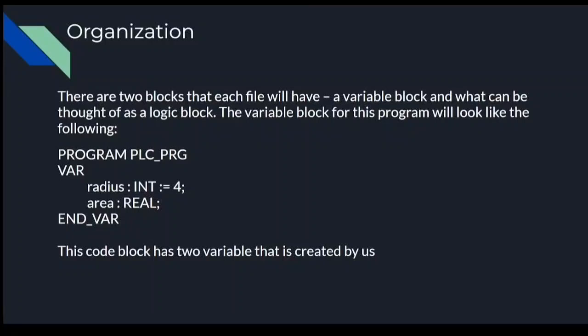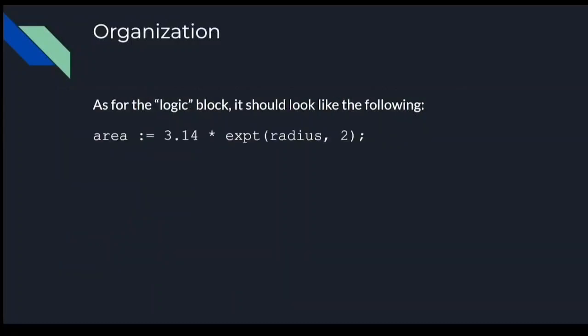We write those variables in the variable block, and in the logic block we write how area will be calculated. Here we can see area equals 3.14 times radius, with exponent syntax. We will learn how this syntax is followed in our lectures.